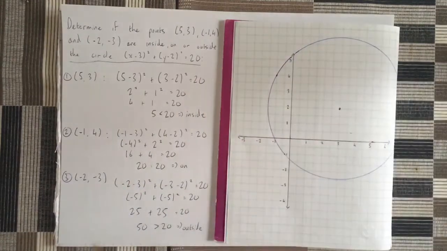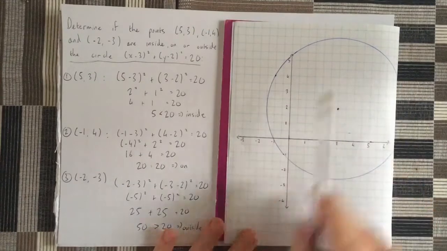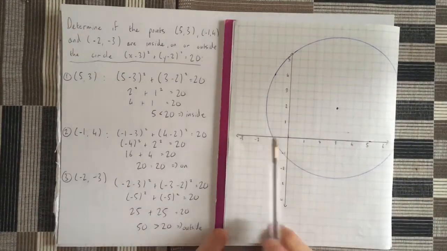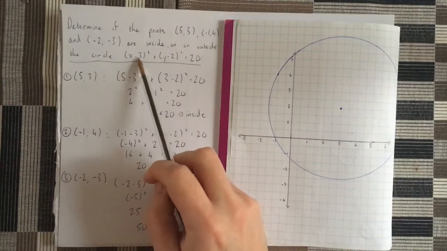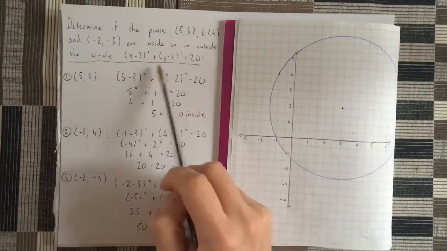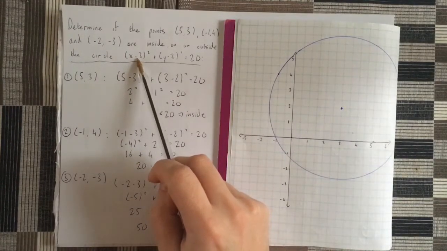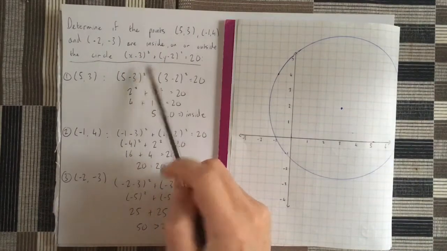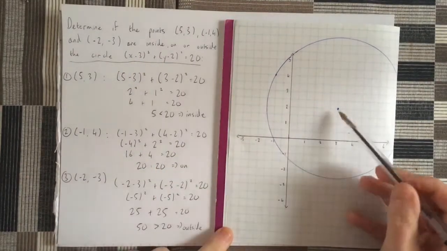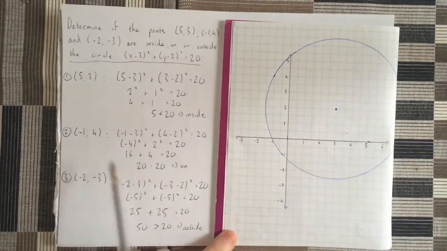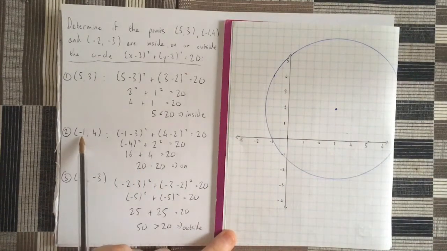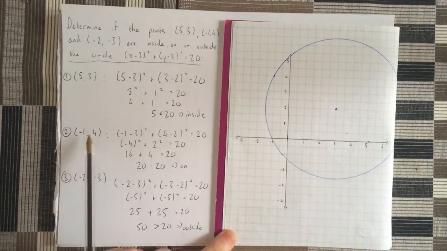What I've got over here is just the circle sketched quickly so we can see this. So the x minus 3 squared, y minus 2 squared, that means the center is plus 3, plus 2. So there's the center of my circle. And I found out that minus 1, 4 was on the circle.